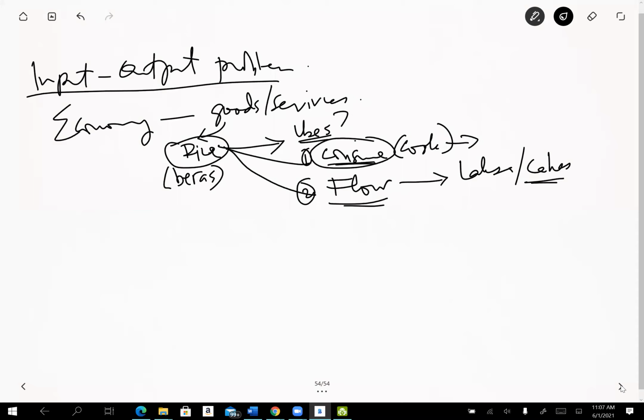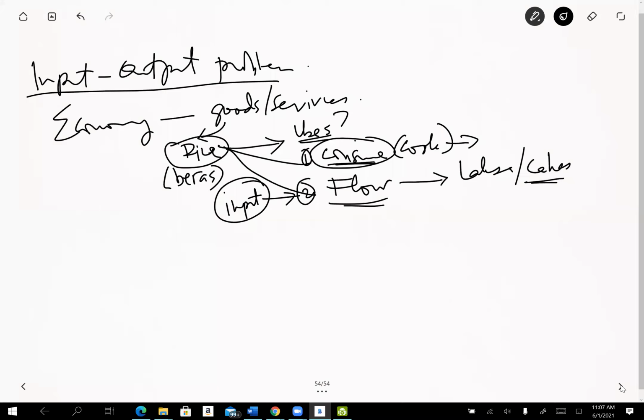You cook as rice, you consume. But the second one is there is a difference. The rice that is being sold as flour, in terms of the production of flour, the rice becoming what? The rice is becoming an input. Okay, an input to produce flour.